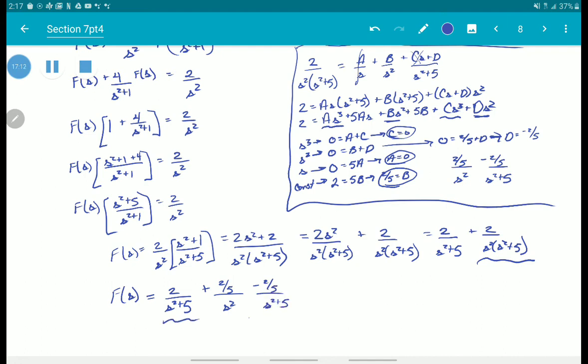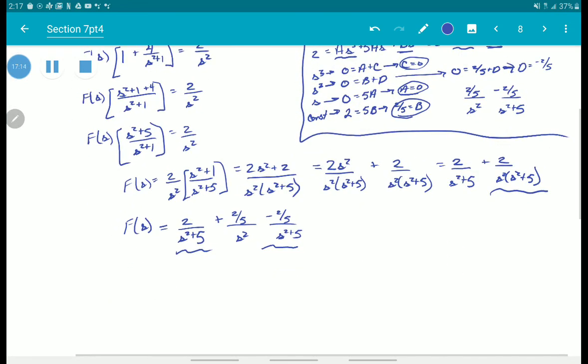Now, I want to put these together. I want to simplify as much as I can before I start doing inverse Laplaces. So 2 minus 2/5 is 8/5.